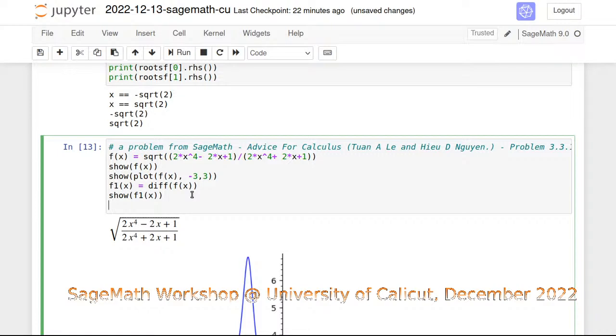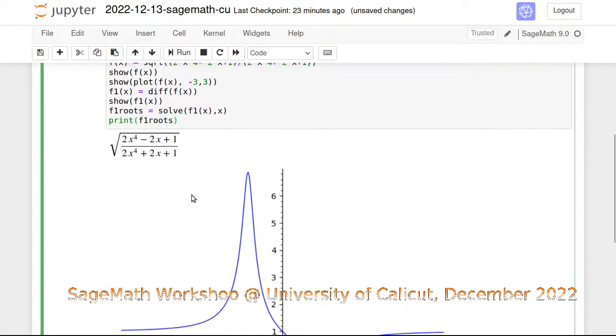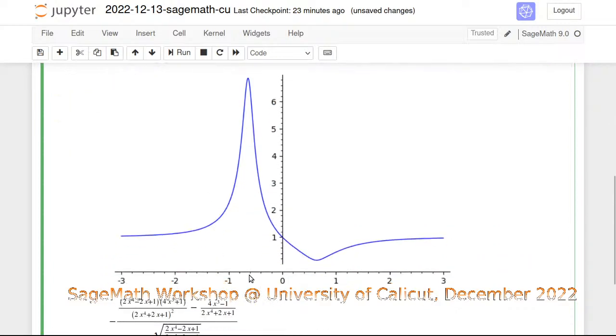Trying to solve the derivative equal to 0. f1 roots, solve for x, and print f1 roots. Let's see if the points are actually matching with what we have guessed, that is between -1 and 0.5 and between 0 and 1.